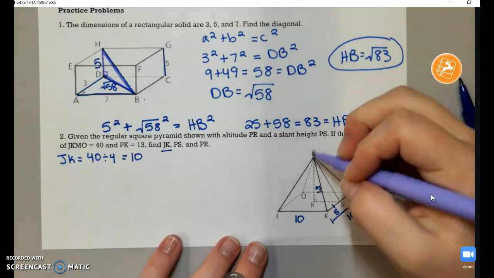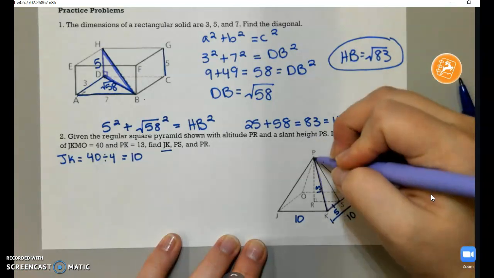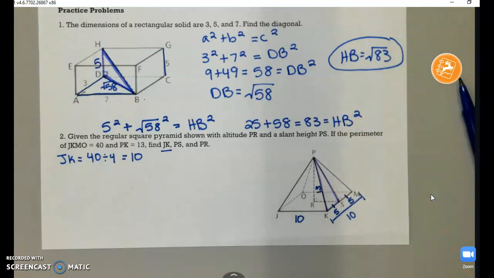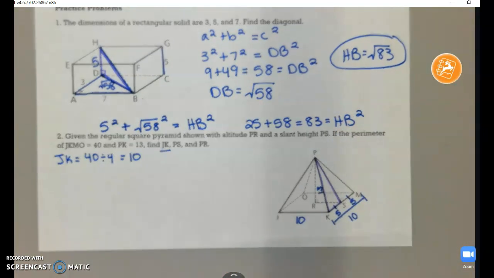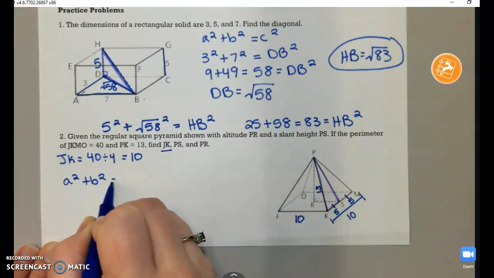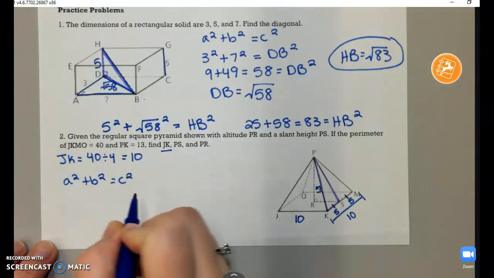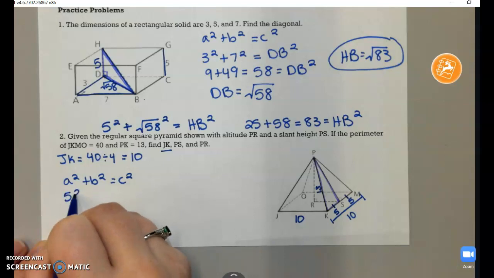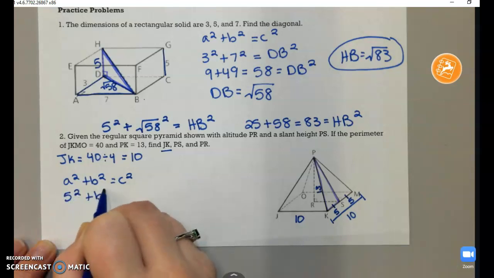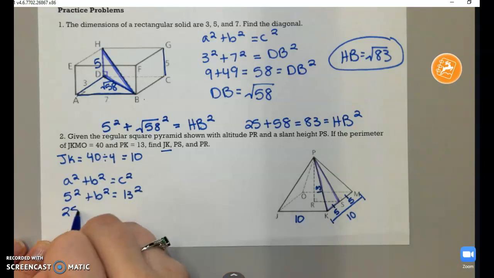So I've got a right triangle where PS is one of the sides, and I can use Pythagorean theorem. So again, a squared plus b squared equals c squared. And in this case, I'm given c, and I need to find a or b. It doesn't matter how you order them. So 5 squared plus b squared is equal to 13 squared.